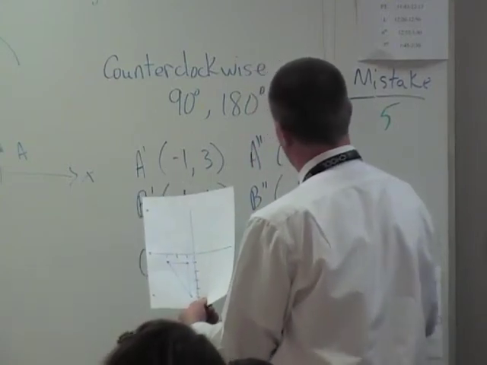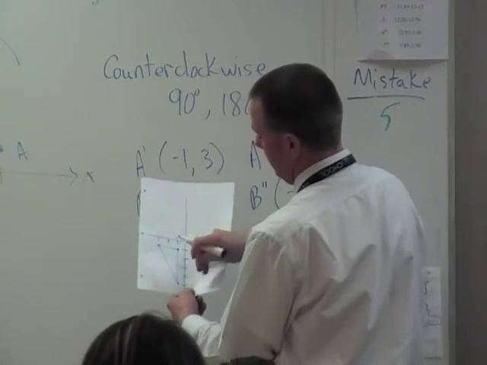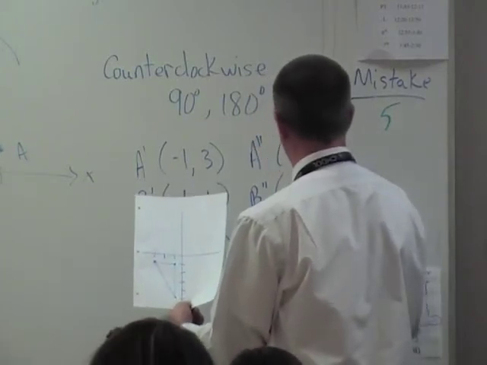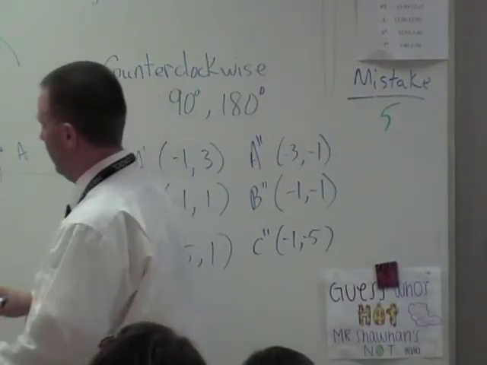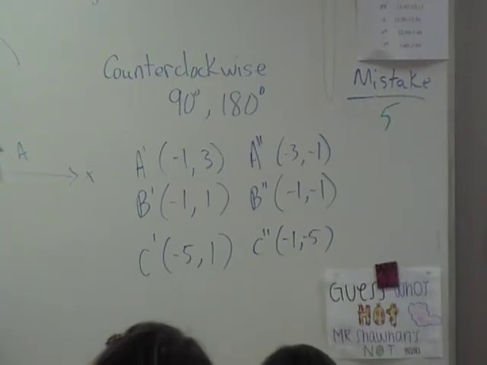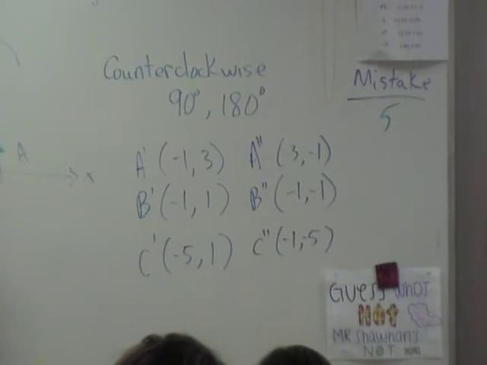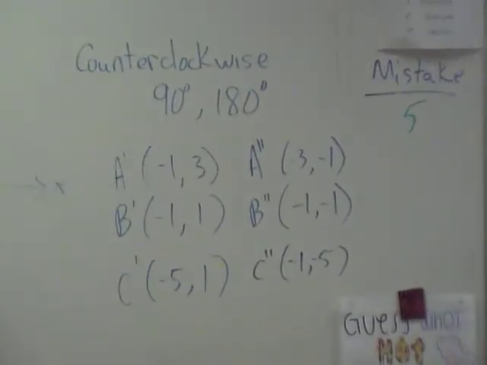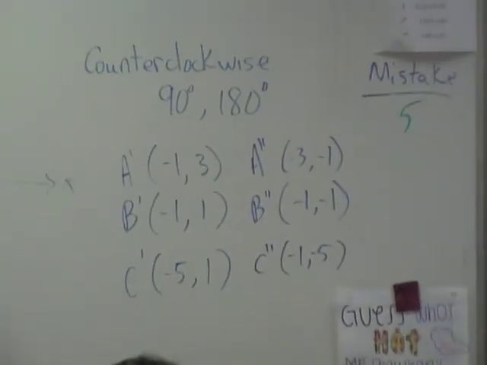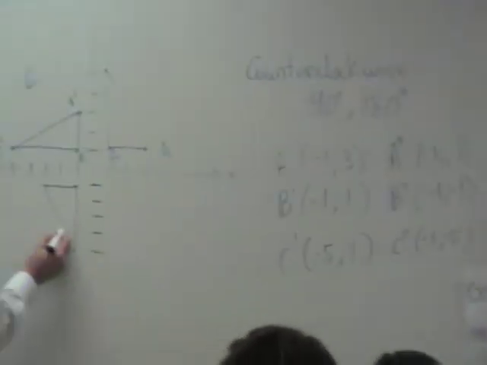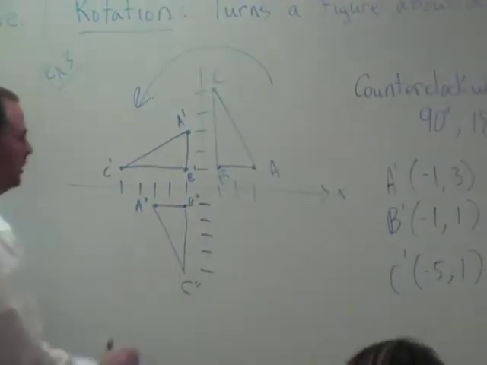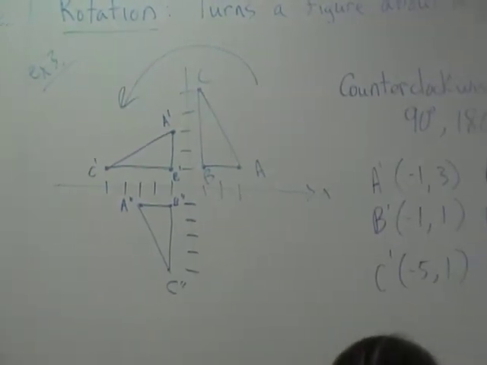And then C double prime is at -1, -5. Then turn it back over and plot those. And then that's what your picture would look like.